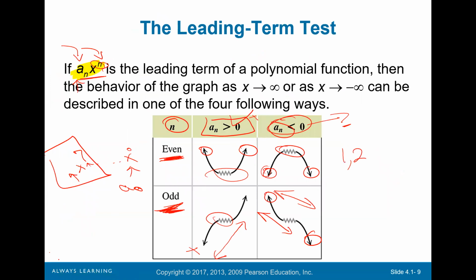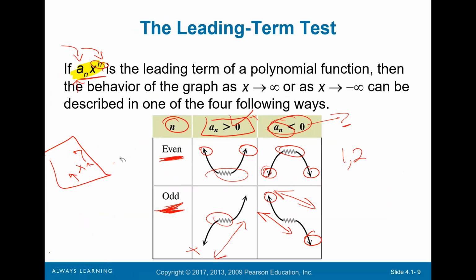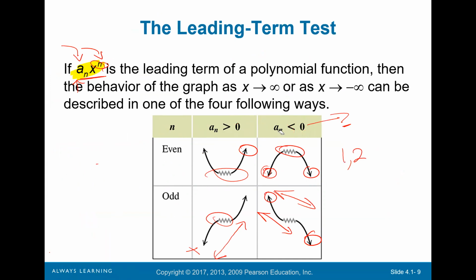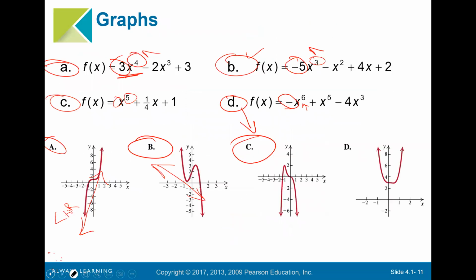We are looking at the A value, and we are determining if A is positive or negative, okay? So if we're looking at if A is positive or negative, then we need to look at if N is even or odd, right? So let's go back and redo this one. My apologies. Let me get this all cleaned up.